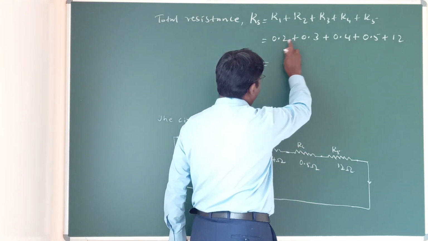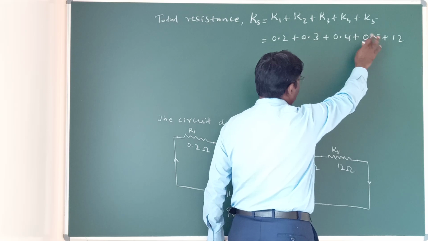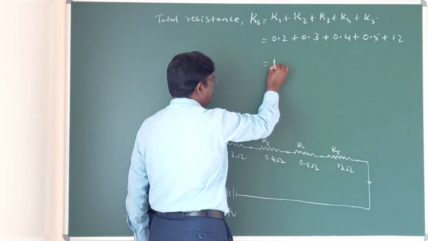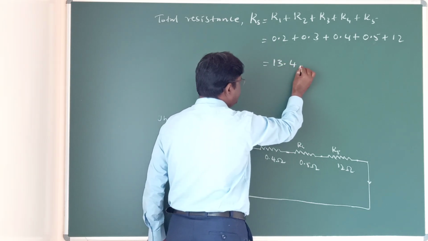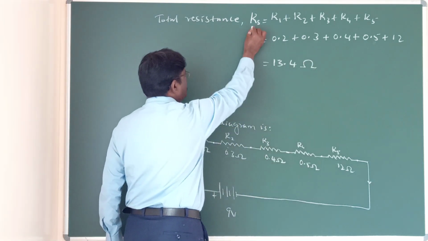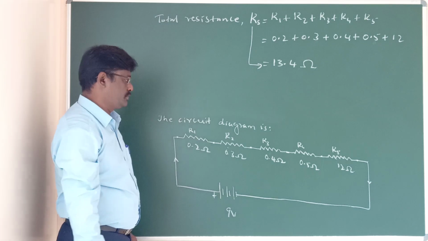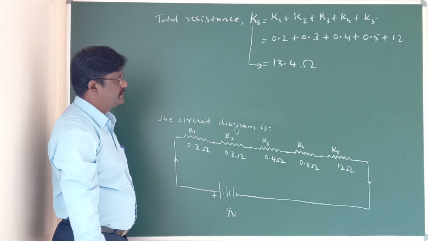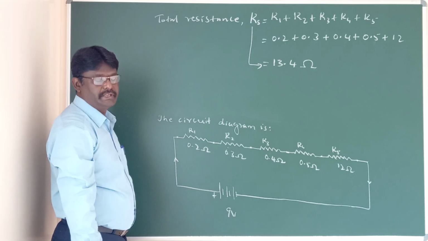Check once again. 0.2, 0.3, 0.5. 0.5, 0.5, 1. 1.4. 13.4. 13.4 is the equivalent resistance, the total resistance of the given circuit, that means the sum of all these 5 resistors when they are connected in series.